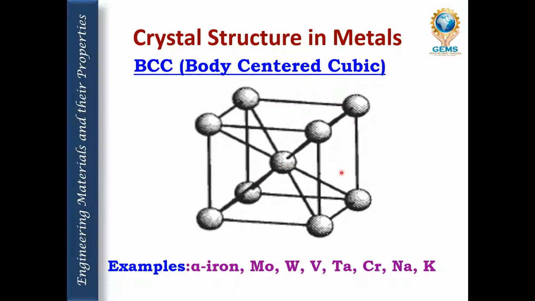So every cube will have a center atom, with the corner atoms counted as 1/8 of an atom. These corner atoms will be shared with another cube also. So basically these corner atoms are sharing atoms, and this will be the center atom for every particular cube. The corner atoms are shared among 8 unit cells.